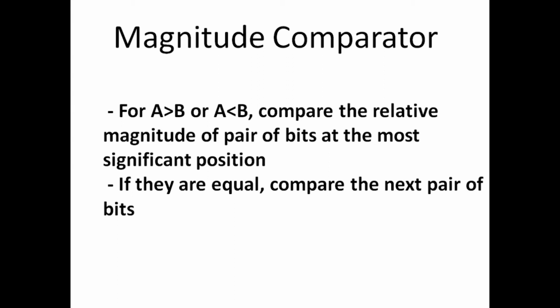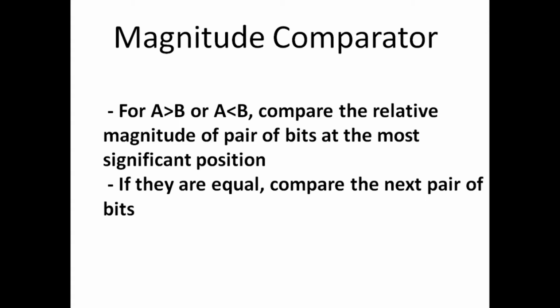For comparing two numbers and deciding if A is greater than B or A is less than B, we must compare the relative magnitude of the pair of bits at the most significant position. We have to start from the most significant position, and then move in the right direction and do the same for all other significant positions.